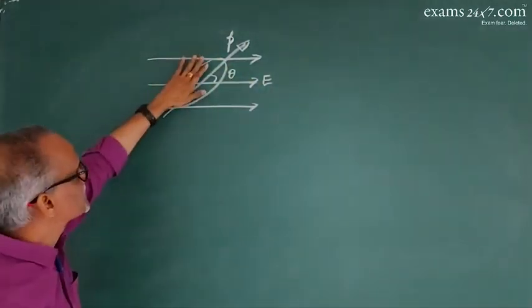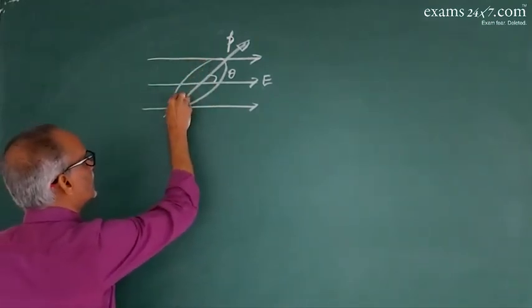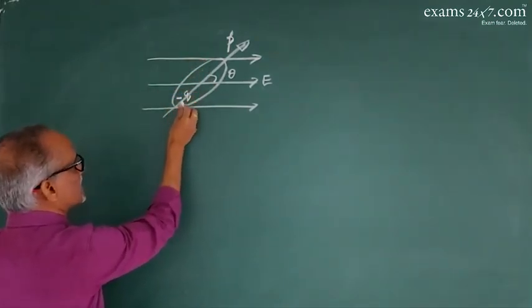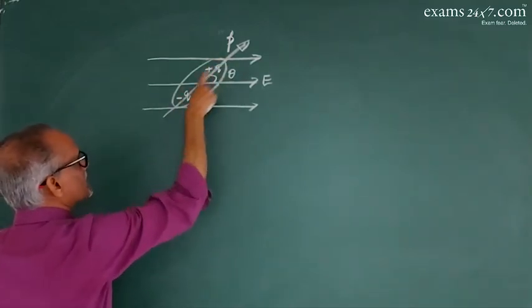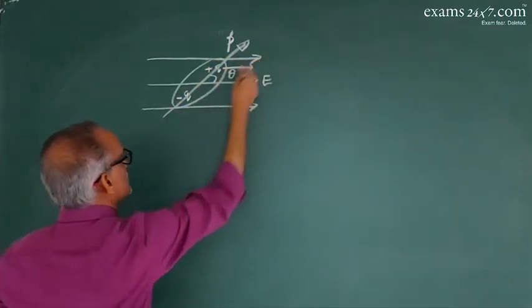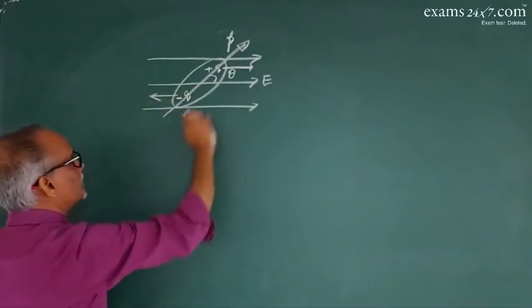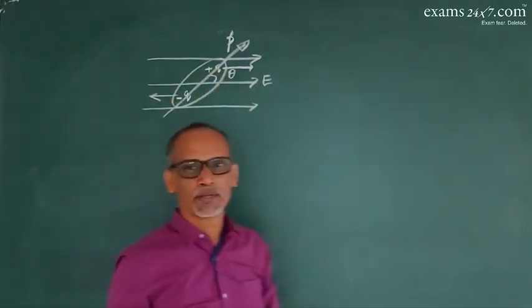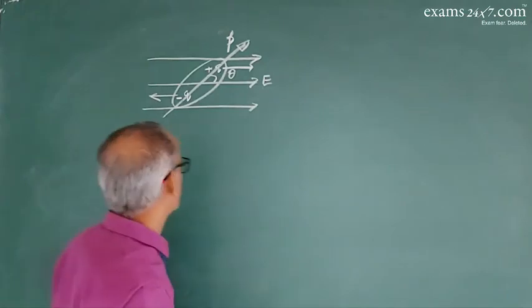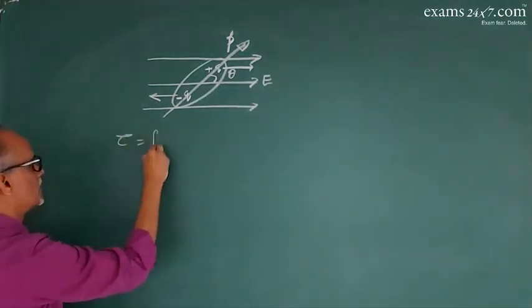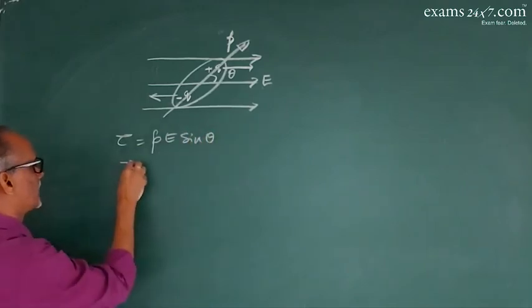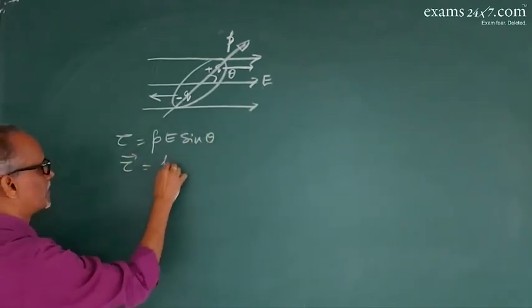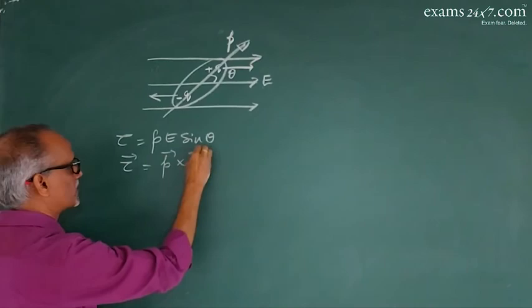Then this dipole experiences force, both ends, that is the center of negative charge and the center of the positive charge, they experience forces in this direction, due to which the entire dipole experiences a torque, and the torque is given by tau equals pE sin theta. You can write this in vector form, that's vector tau equals vector P cross vector E.